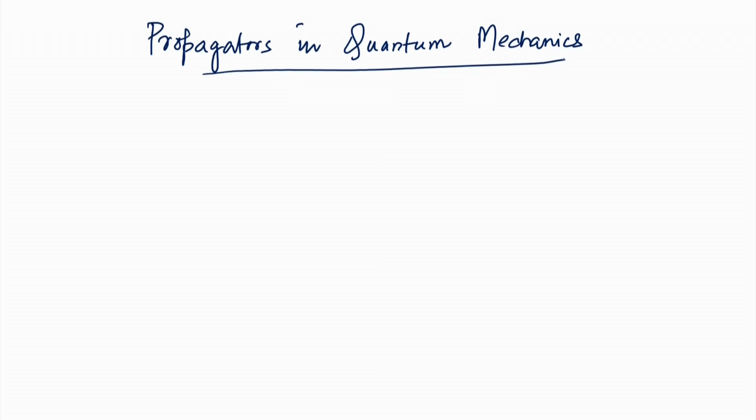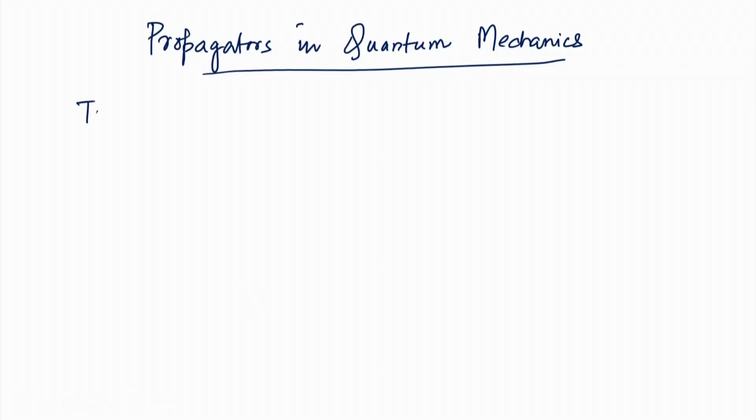And we will see later on how this smoothly connects to the definition of Green's function, which, as I said earlier, is an important topic for us to learn in this course. So, we start with the time dependent Schrodinger equation.